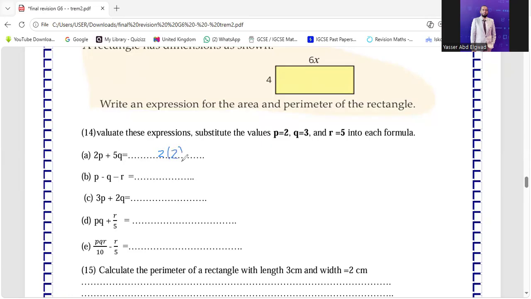And here is 5 multiplied by q. Here q is 3. 5 multiplied by 3. But we have to see the value for p and q when you solve. 2 multiplied by 2, 4. 5 multiplied by 3, 15. 4 plus 15, we get the final answer equal 19. Here is the 19.